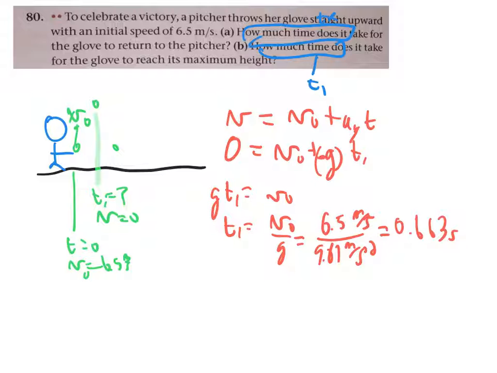And then we know that tf is going to be twice t1. We get 1.33 seconds. In other words, the same answers as expected.